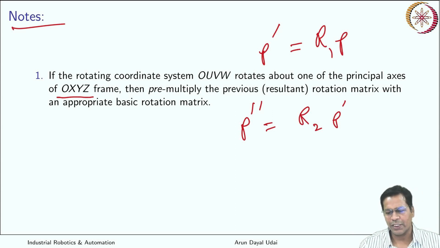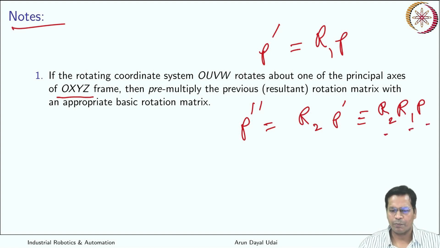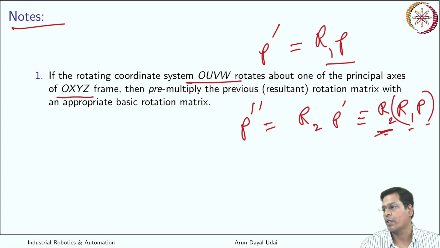So this is equivalent to R1 into P, and you have the second transformation, that is R2. So R2 R1 P. Because P dash is R1 P, I have just substituted it here. You see, you just pre-multiplied that. Okay, so this is the meaning of this.